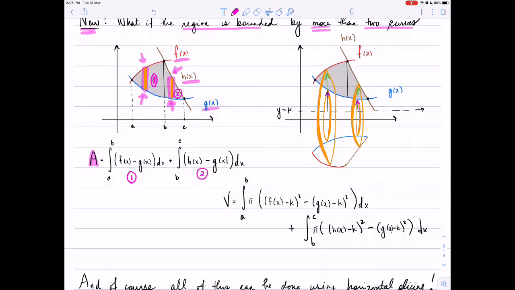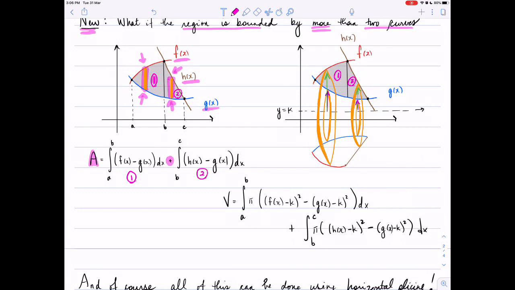So in area, we had to split this up into two integrals and add them together. So since our volume is based on the rectangles in area, the exact same thing is going to be true. We need to split our solid up into two portions based on where the rectangles lay and therefore where the washers are going to lie.